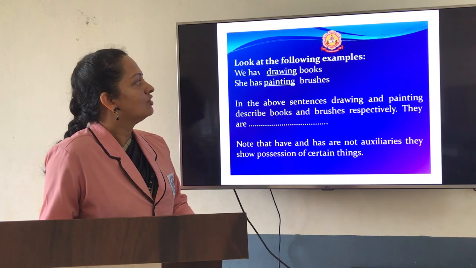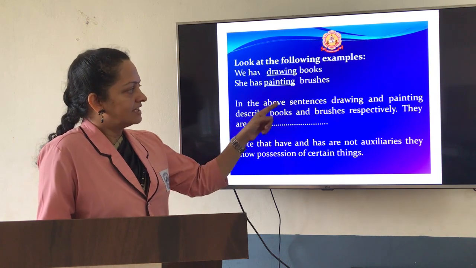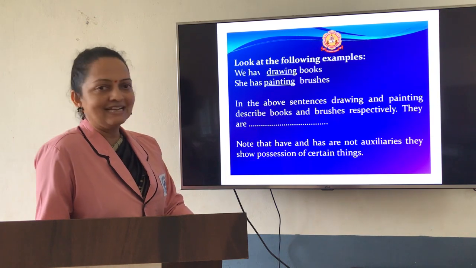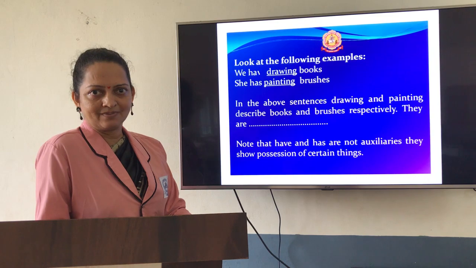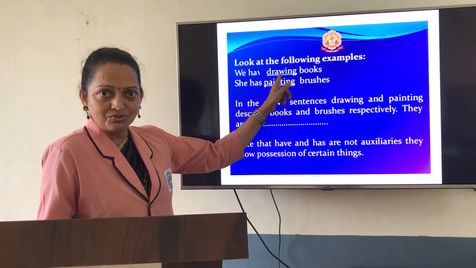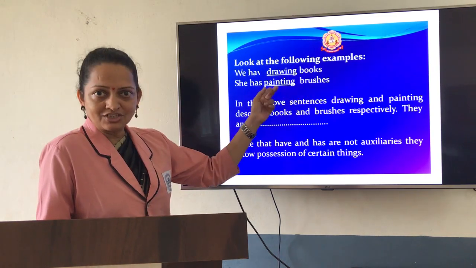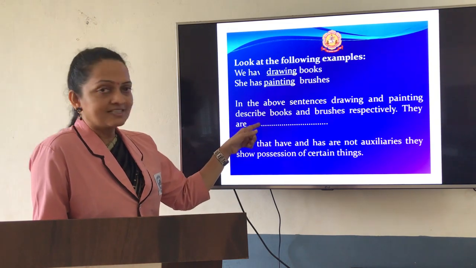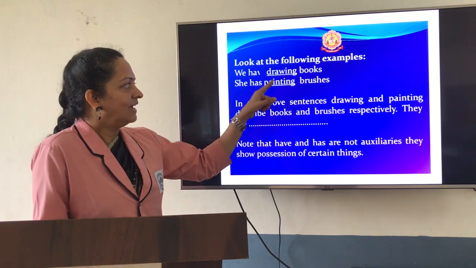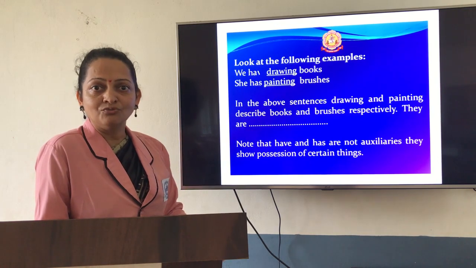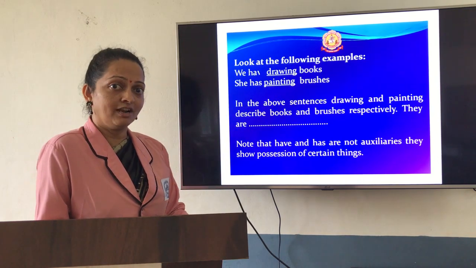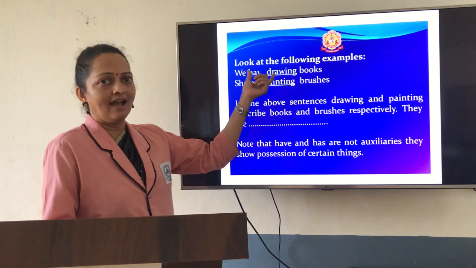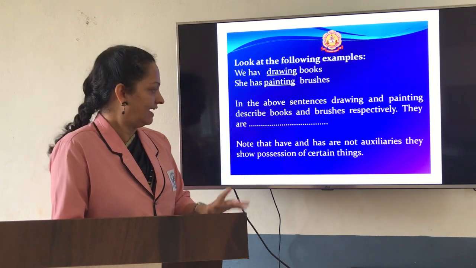In the above sentences, drawing and painting describe books. They are adjectives used for books and brushes. What type of brushes? Painting brushes. So they are describing the books and brushes, and that's why they are not verbs here, they are adjectives. So not to get confused: many times you may say yes, they act as verbs, but no, here they are not acting as verbs.